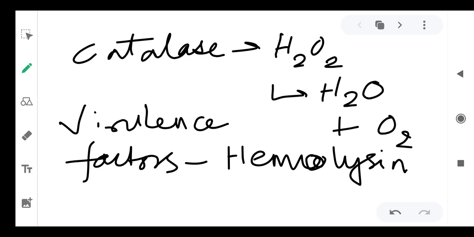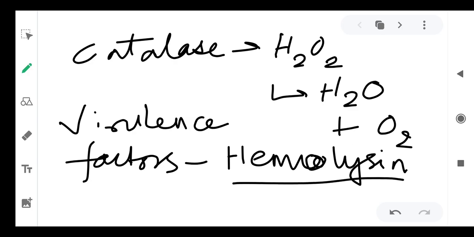Hemolysin may cause cell lysis in vivo and cause red blood cell lysis. These organisms are a fastidious group of organisms, so they depend on blood to survive.